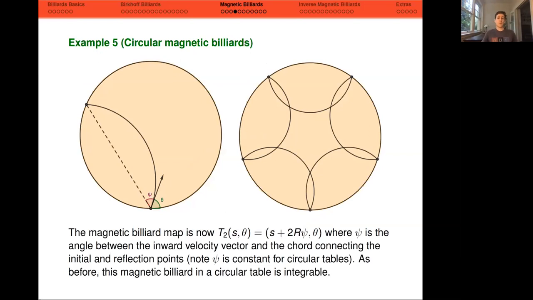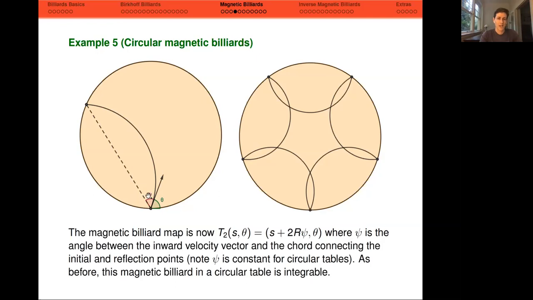So for circular magnetic billiards, we have a very similar process. This map can be written out explicitly as theta being a constant of motion again, but the s position now moves around the circle by r psi, where r is the radius of this circle, and psi is the angle made between the ingoing velocity vector and the chord that connects one point to its successive reflection point.